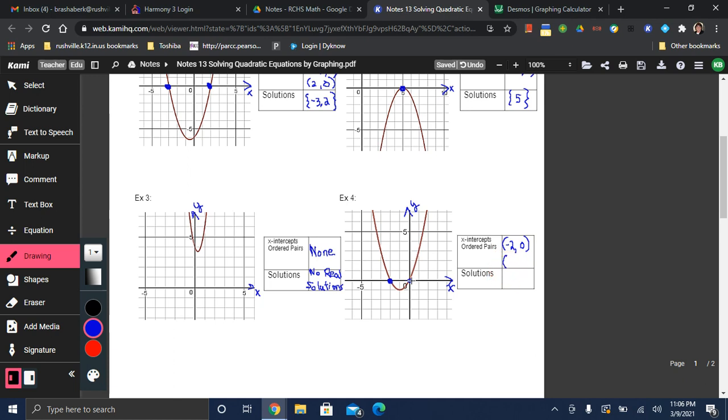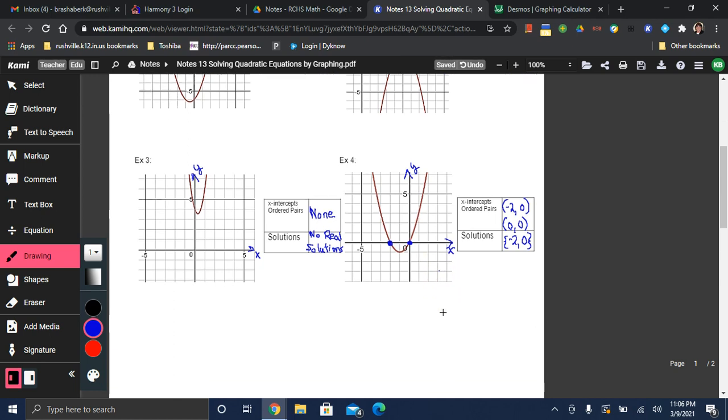Now this one is right in the intersection of the x and y axis, and that would be 0, 0. So 2 x-intercepts, 2 solutions. So the solutions would be the -2 and the 0. And again, those are the x values out of the x-intercepts.